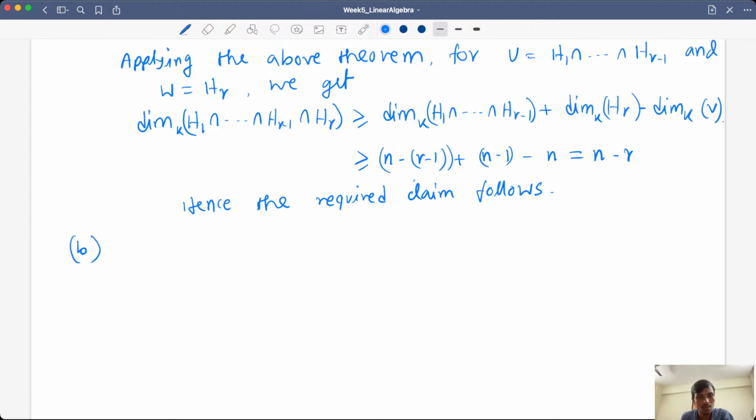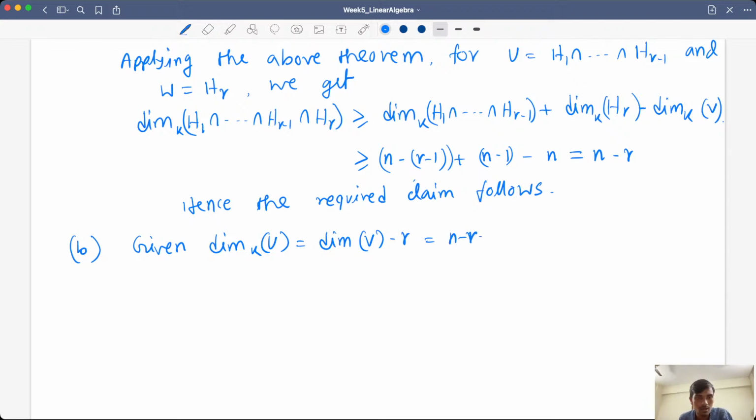So given the dimension of U is the dimension of V minus r, that means n minus r.